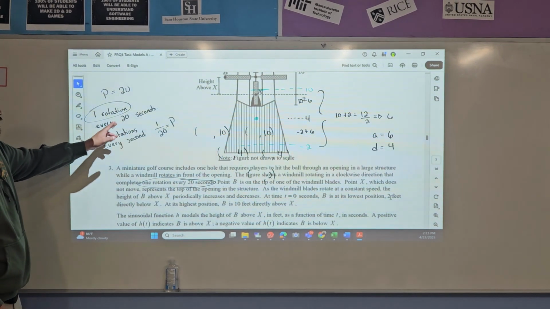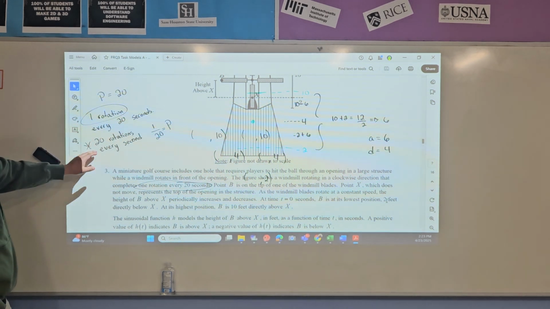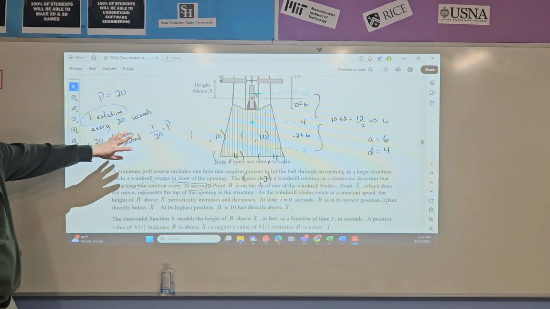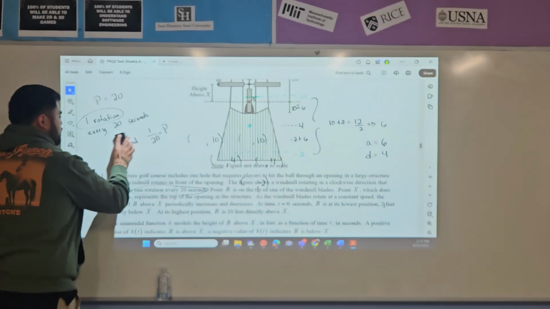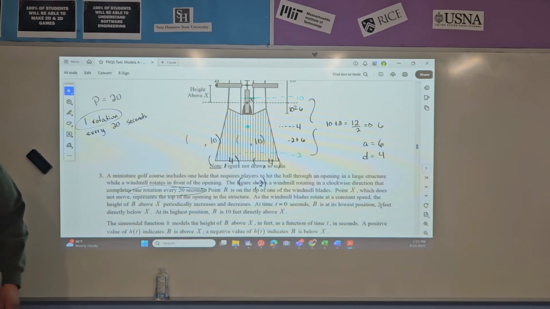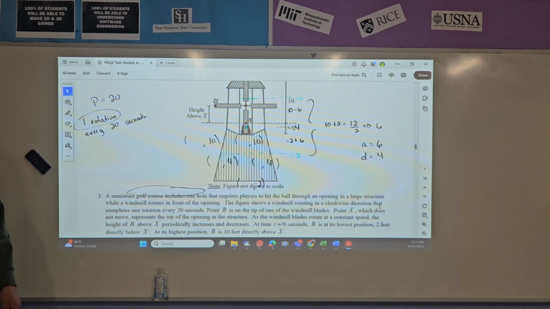So that's the difference between this one that was given in this example, or let's say if it's not one rotation, what do we do? We'll just take the reciprocal to find the period. Okay, so now going from here, I know that my period is 20, right?